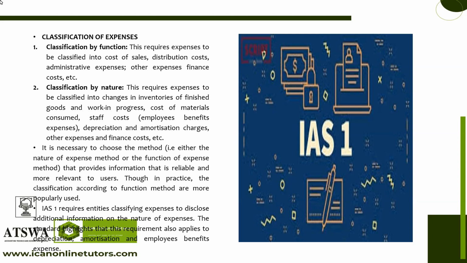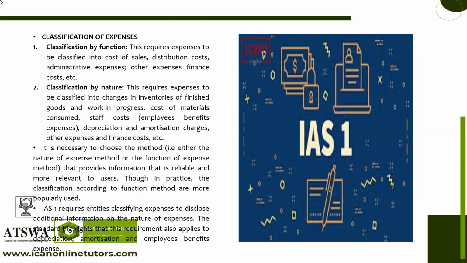That is the assets, liabilities, equity, income, expenses, cash flow movements, contributions by owners, and distributions to owners. We also talked about the components of financial statements. That is statement of financial position, statement of comprehensive income, statement of changes in equity, statement of cash flow, that is IAS7, and the statement of accounting policies and explanatory notes.